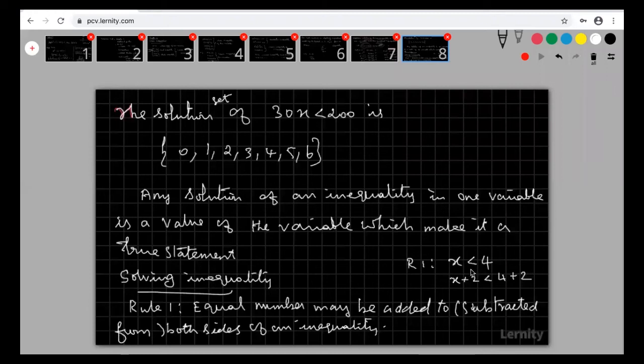Don't change it, don't change any sign. Just add the same number or subtract the same number on both sides. That is my rule 1. This is true. Are you clear?